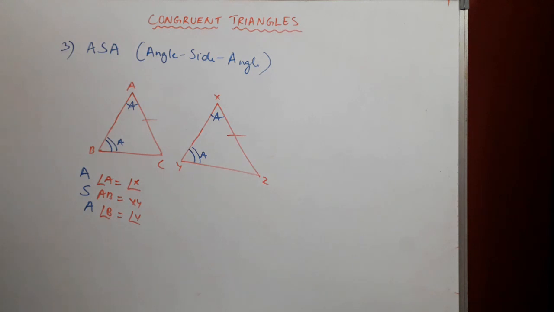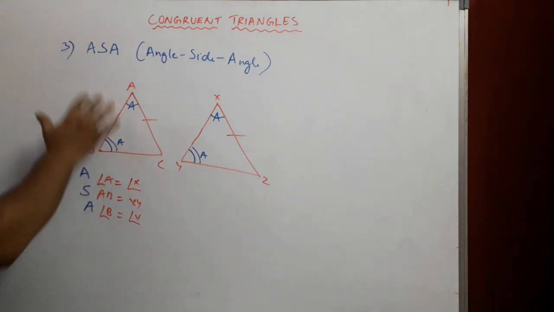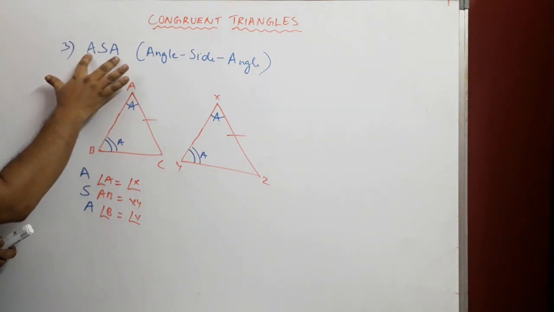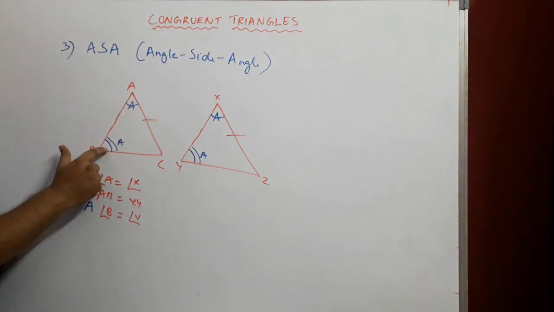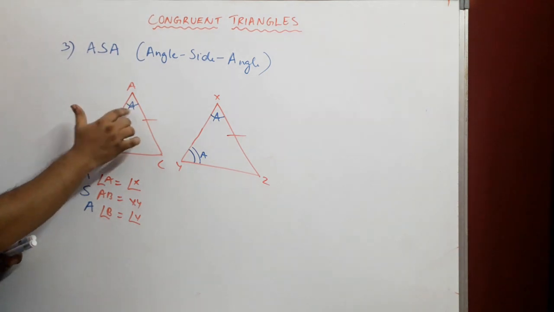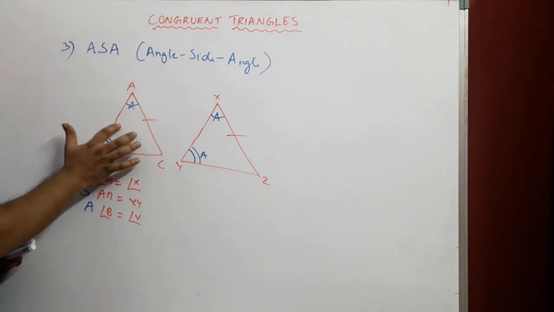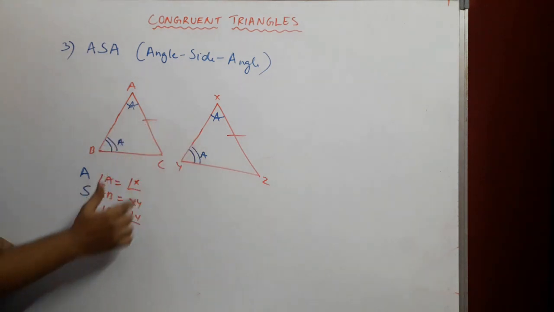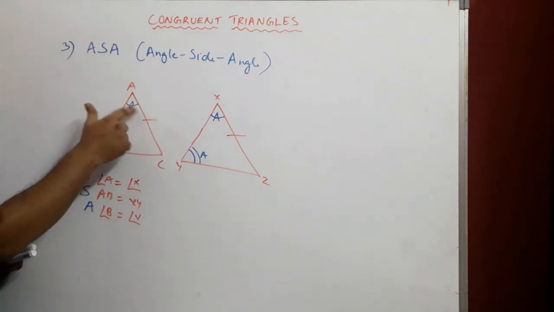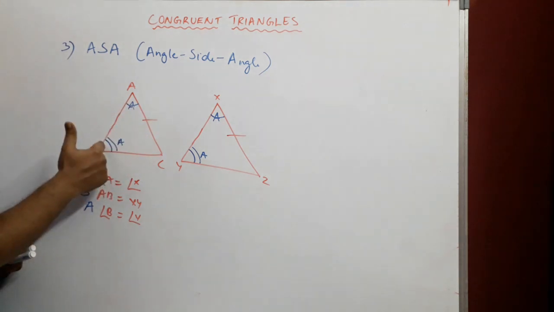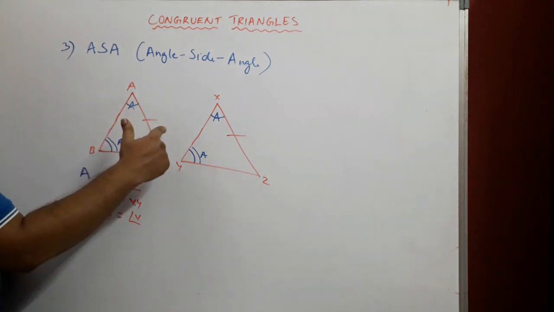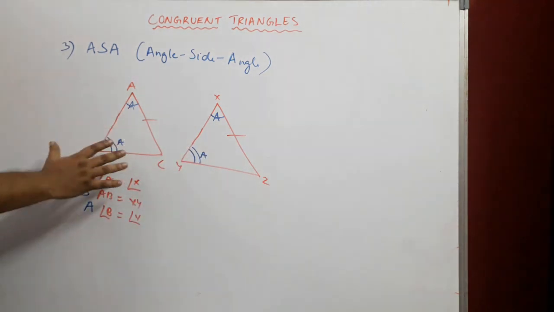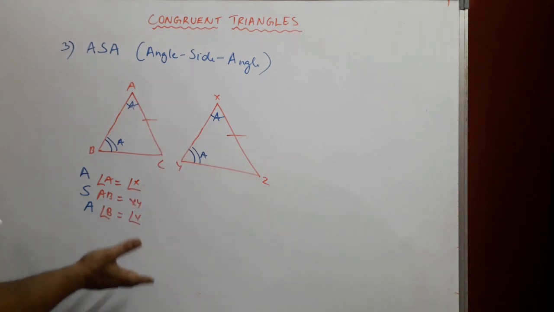Because as per the ASA congruence rule, the side should be included between two angles. Here the two angles are there, but the side that should come in between the two angles is not equal to the corresponding side of the other triangle. Rather, there is another side, not included between the two angles, that is equal to the corresponding side of the other triangle. So we cannot use the ASA rule in this case.